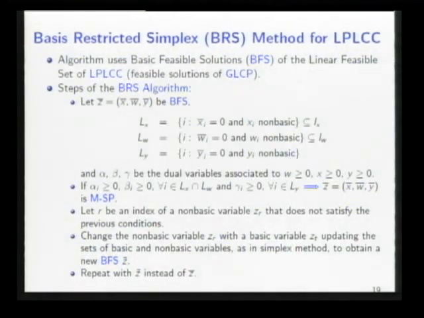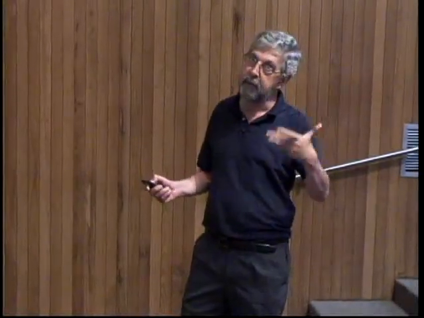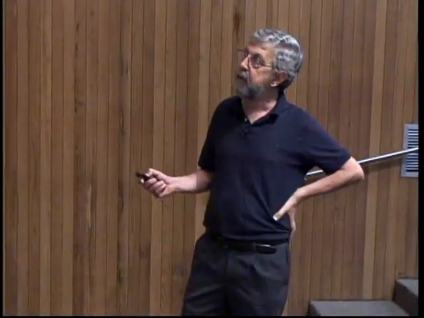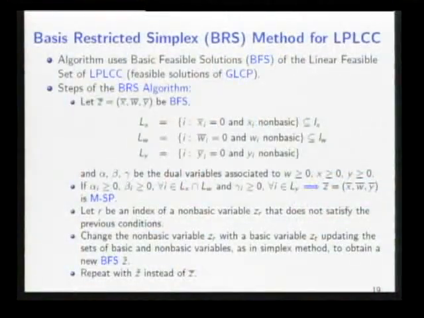Okay, so the difference between this one and the complementarity one is that it just applies for linear functions, okay? The simplex method applies for linear programs. So the basis restrictive simplex method applies to the linear case, the MPLCC, the LPLCC. Okay, what you do, you suppose that you have a basic feasible solution of the linear constraints of the GLCP, so you consider the set of non-basics in 3 categories, and then you have a very nice stopping criterion.